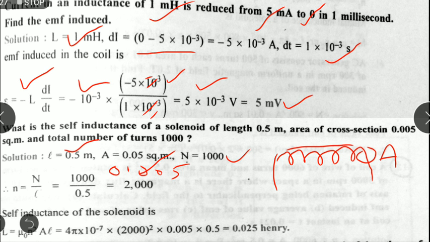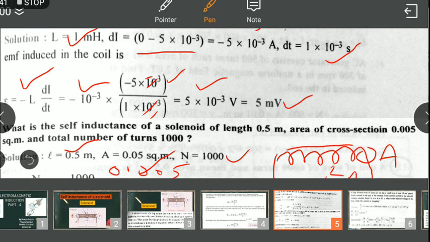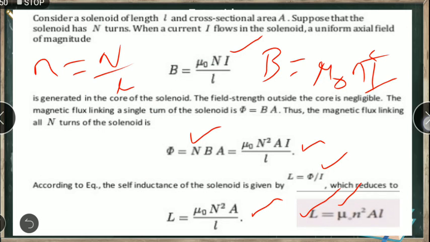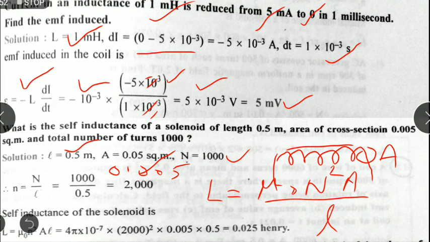So, you can use directly the formula, that is L is equal to mu naught capital N square A upon L. You can directly use this formula; if you use this formula, no need to do this again.